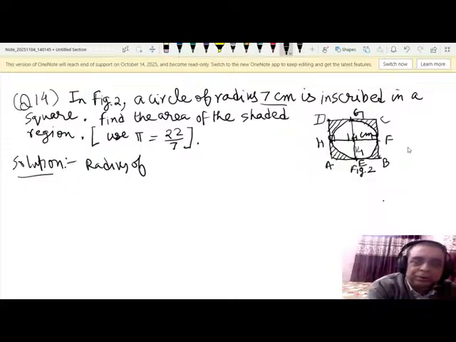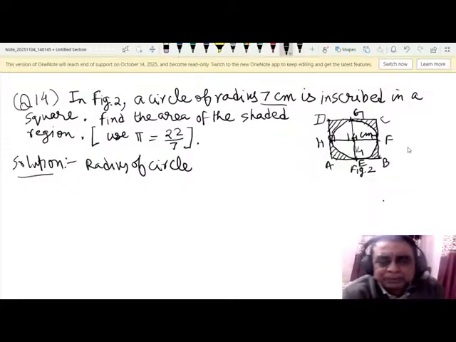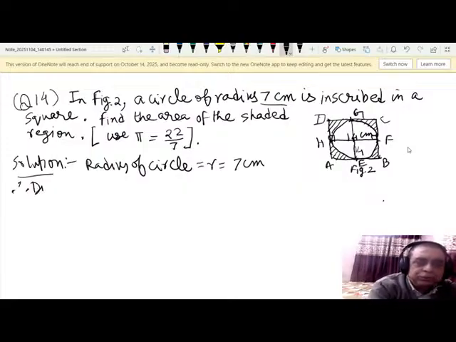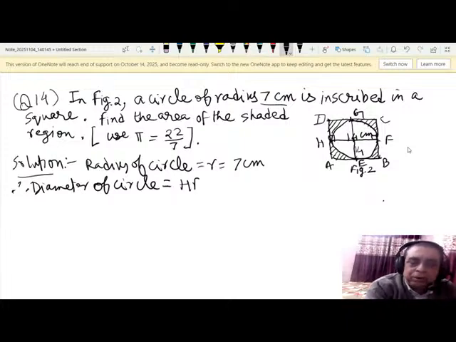Here the radius of the circle which is inscribed inside the square is given to us. We denote it by the letter R, which is 7 centimeter. So the diameter of the circle is equal to HF, or the same as GE, which is equal to twice the radius, 2R.